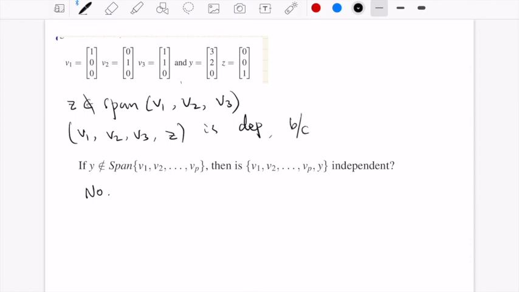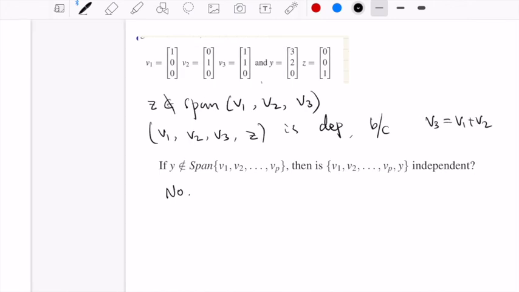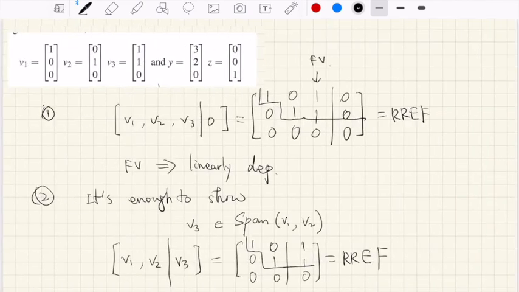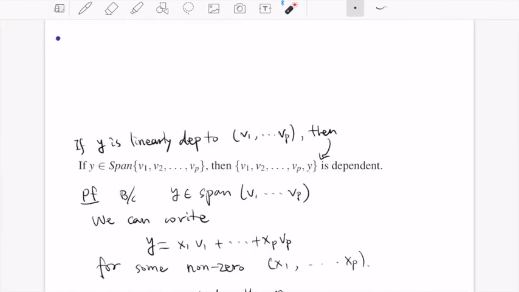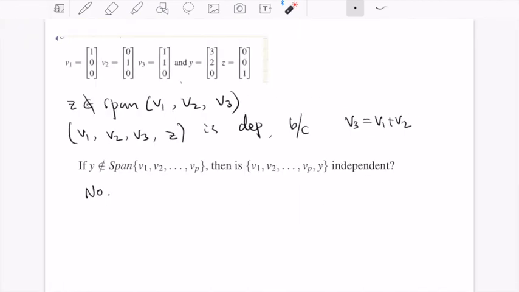Because v3 equals v1 plus v2, which was derived here. And then you can write it as v1 plus v2 minus v3 plus 0 times z equals 0. So this means v1, v2, v3, z is a dependent set.